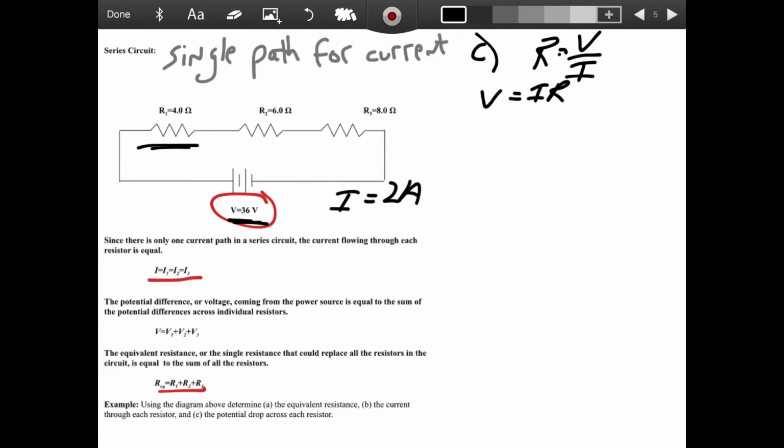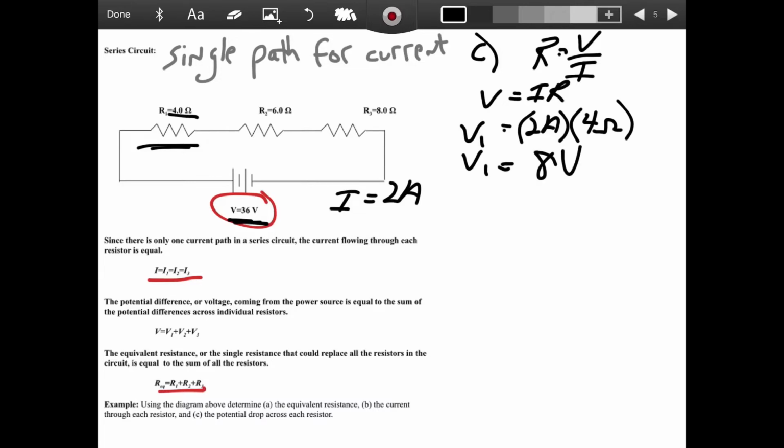So when I'm talking about the voltage across resistor 1, we get 2 amps. Resistor 1 has a value of 4 ohms. Multiply this out, and we should get a voltage drop across R1 of 8 volts.